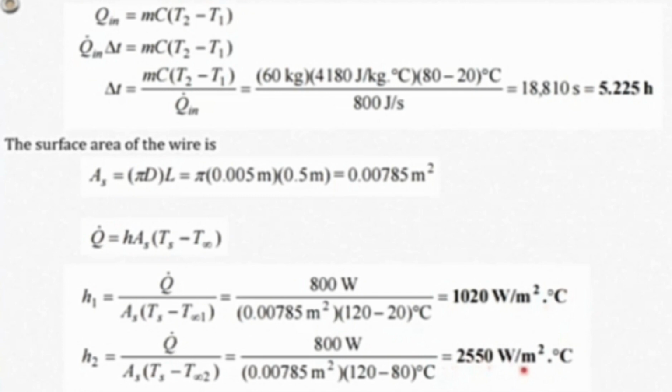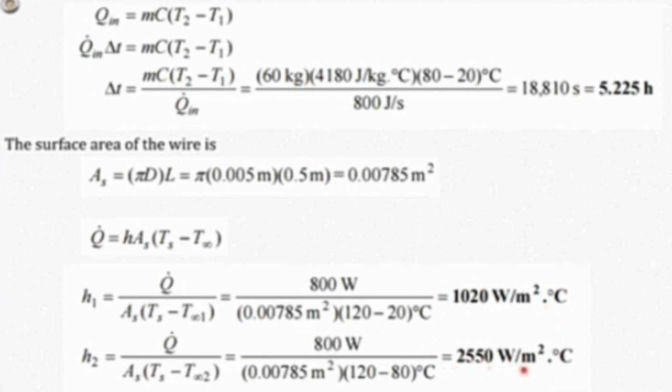So plugging in all the values, we have 60 kg, that is our mass, and 4,180 joules per kilogram degree Celsius, that is the specific heat of the water, and also 80, that is our T sub 2, minus 20, that is our T sub 1, in degrees Celsius.